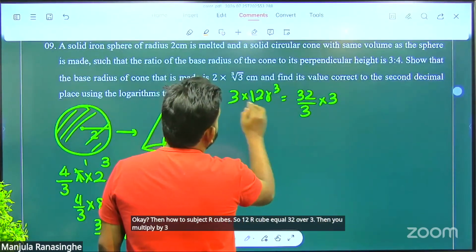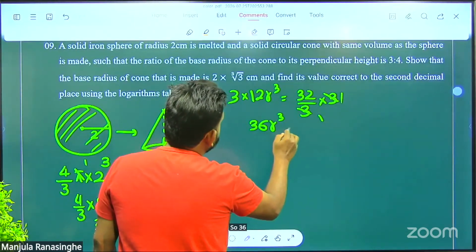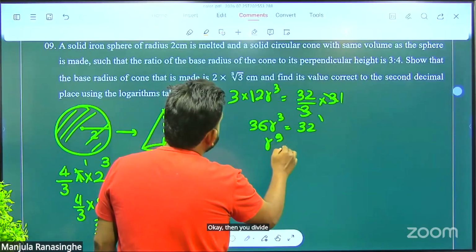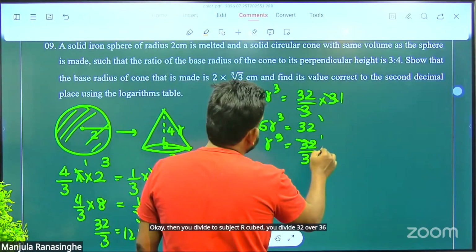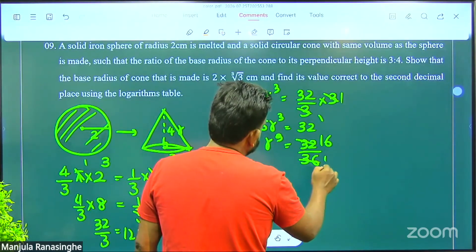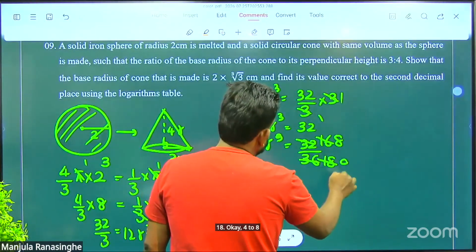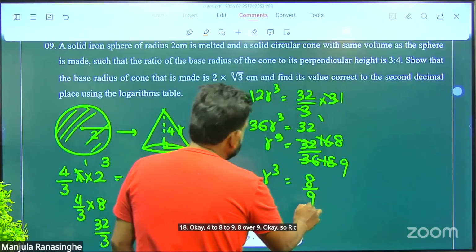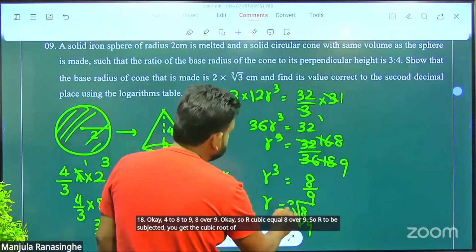So 36 r cubed equals 32. Then divide 32 over 36, by 2 it is 16 over 18, then 8 over 9. So r cubed equals 8 over 9, and r is the cubic root of 8 over 9.